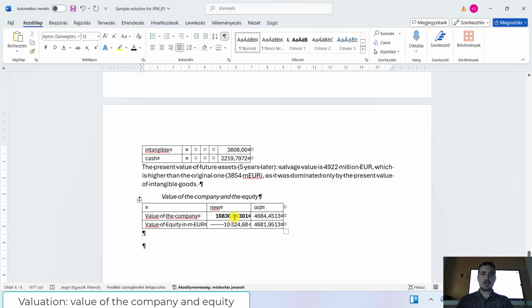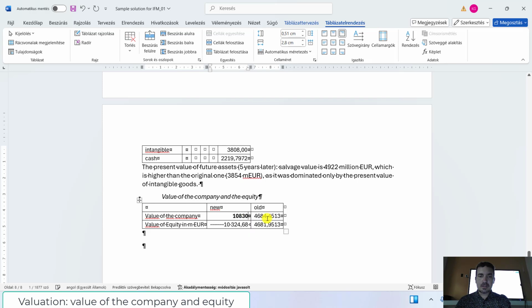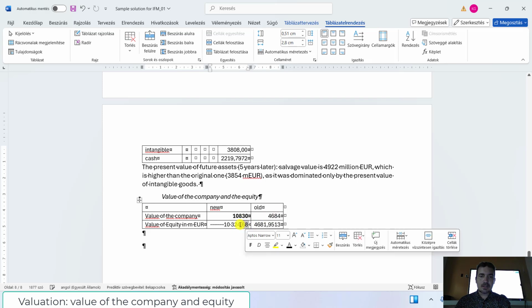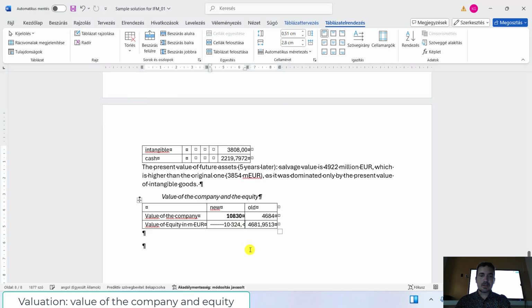Okay, and let's remove all these decimals, because it can be absolutely misleading to interpret visually.